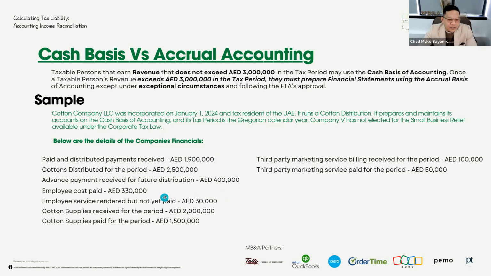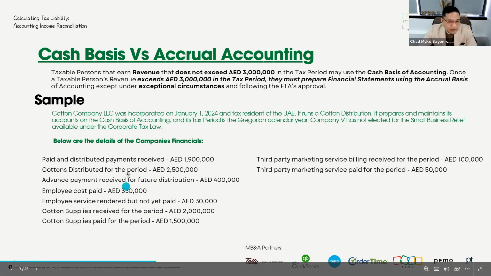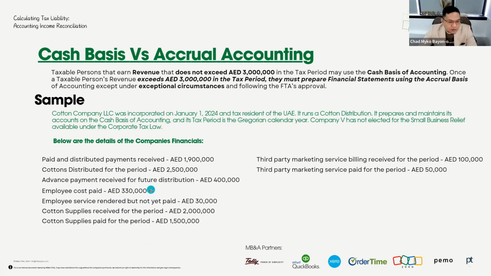Now, how about for the expenses? What will be the expenses that they will be able to recognize? So again, since it is a cash basis accounting, we will be recognizing what has been the payment that we have made. So they have paid for employee of 330,000. This will be considered as part of your expenses. And then, how about for employee service rendered but not yet paid? So that will be excluded. Then we have here the cotton supplies paid for the period of 1.5 million. That is included as part of the expenses.